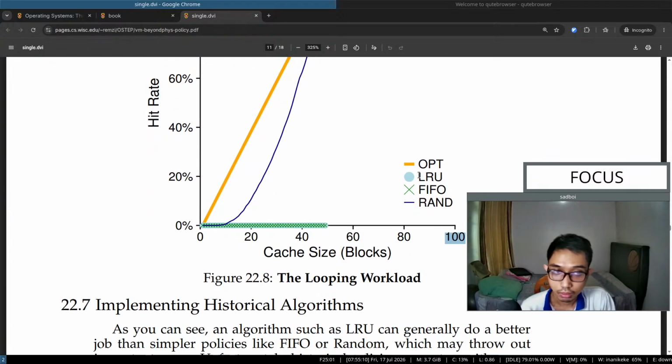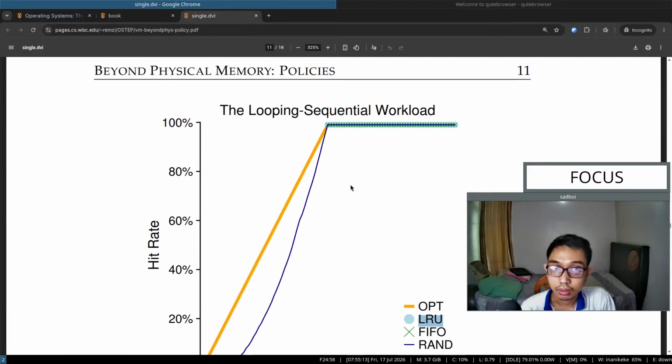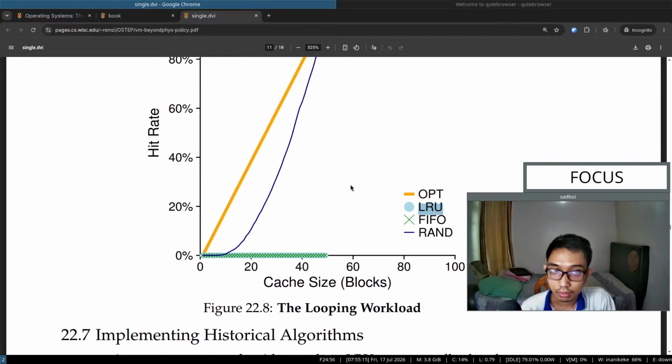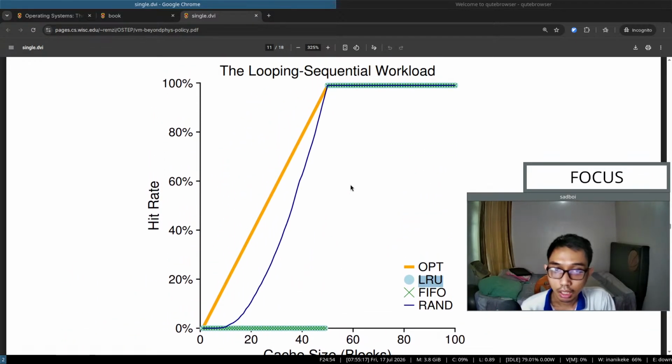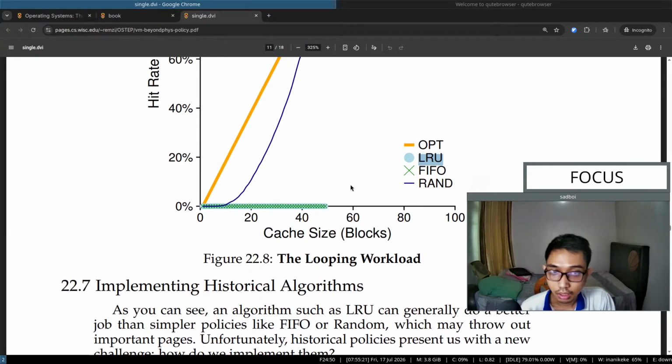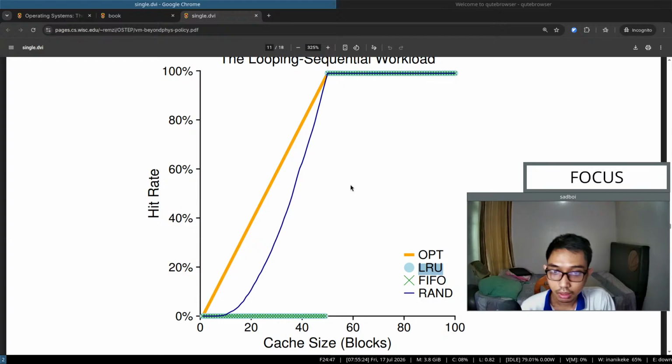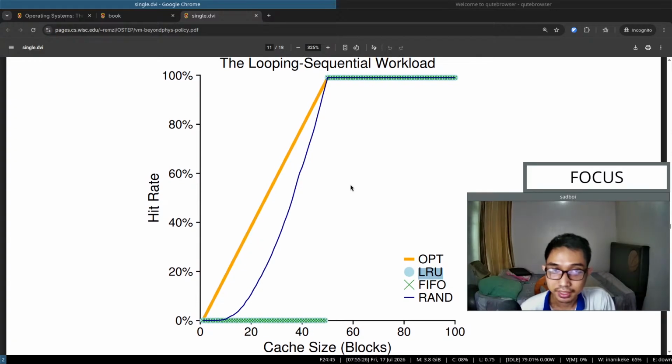Wait, where is the LRU in this graph? I didn't see the LRU here. Wait, hold on a minute. This yellow line is the optimal, right?